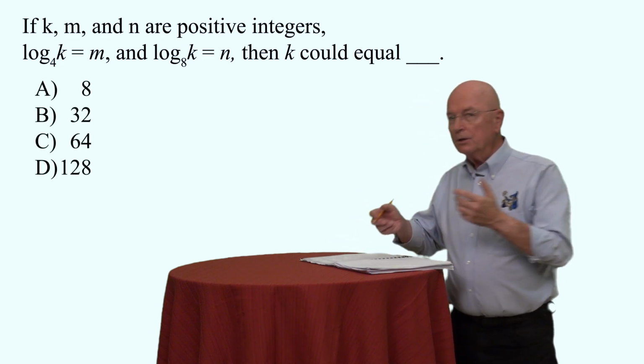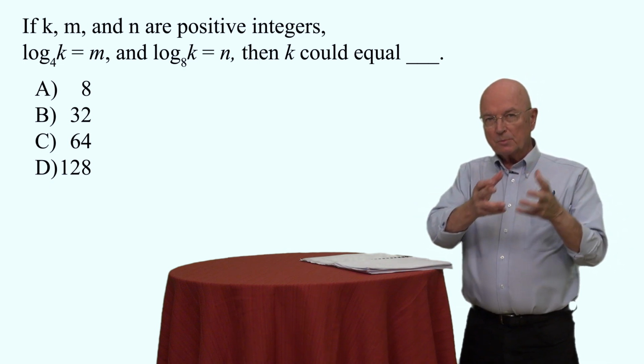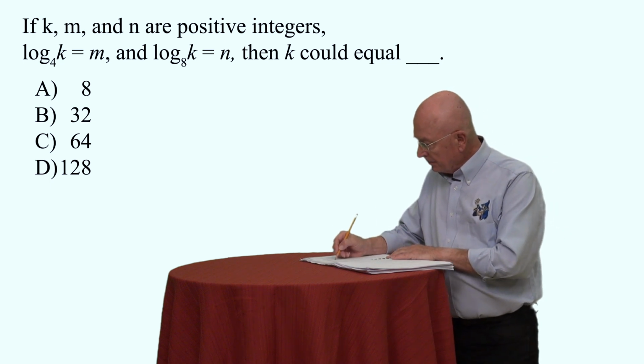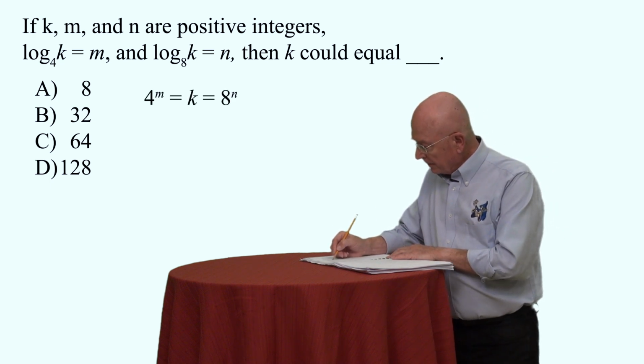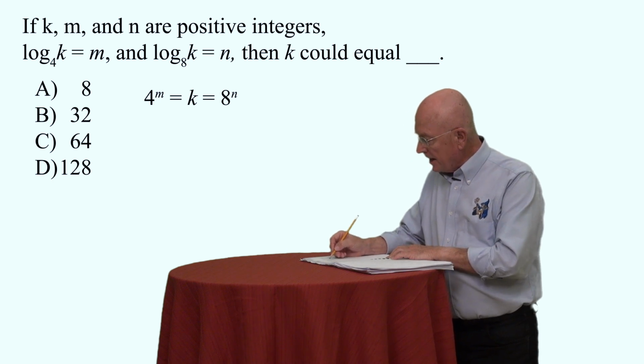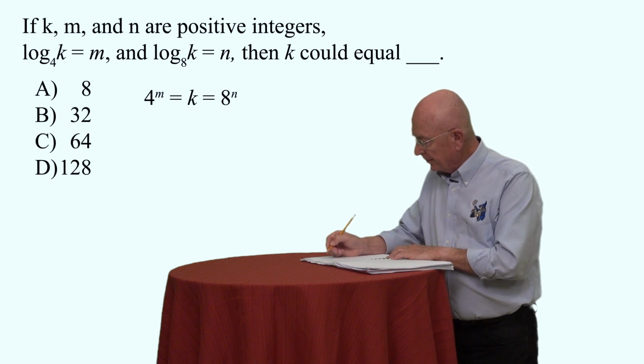Well, you could end up doing a lot of substitution here, or there's a neat trick, but you've got to see what they're asking you to do. What they're saying is, if I take 4 to the m power, that's the same answer as if I take 8 to the n power.